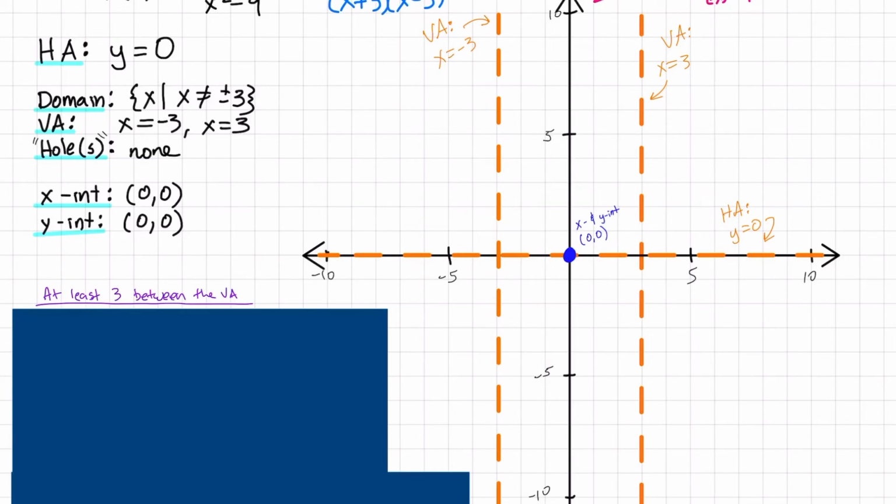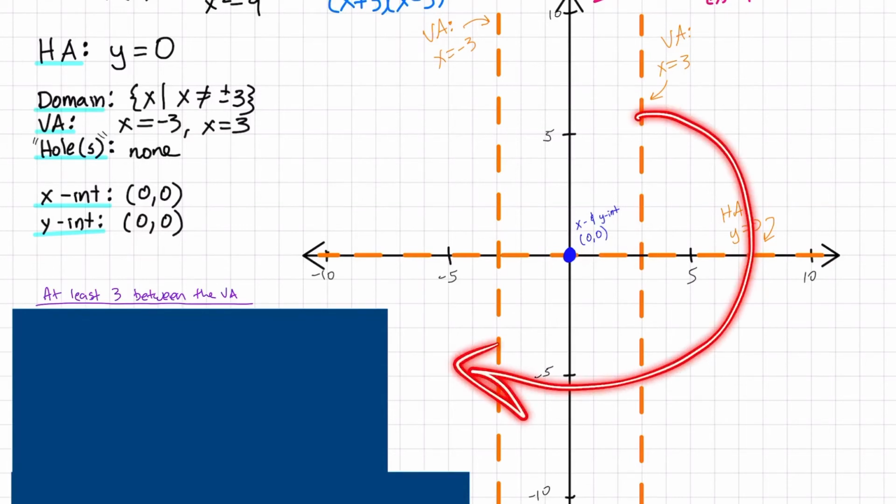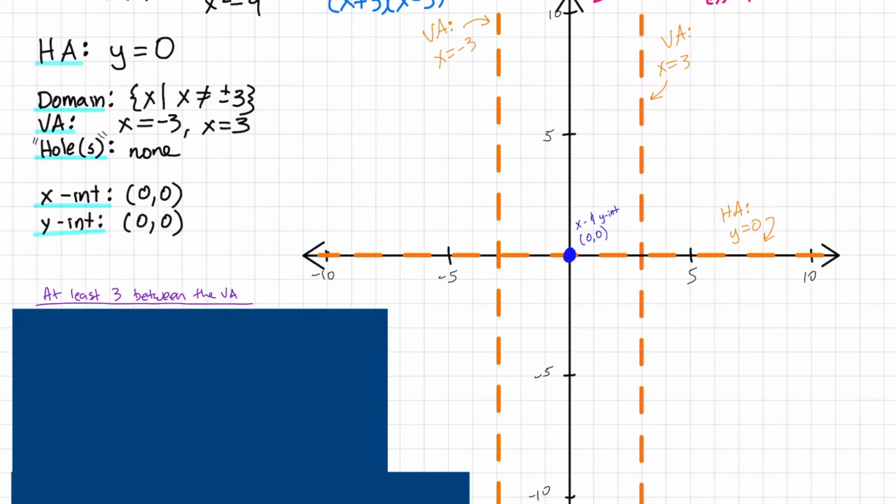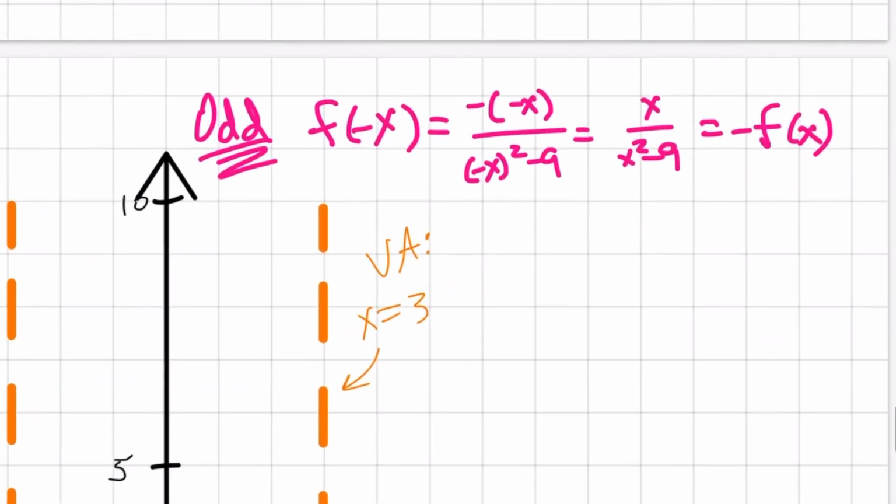If it's odd, like it's going to end up being, this entire thing is symmetrical around the origin. Pick any spot on this graph and spin it 180 degrees around the origin, and it will end up in a similar location on the other side, and the picture will not have changed. So just the setup is potential to be odd, and let's check and see if that's the case.